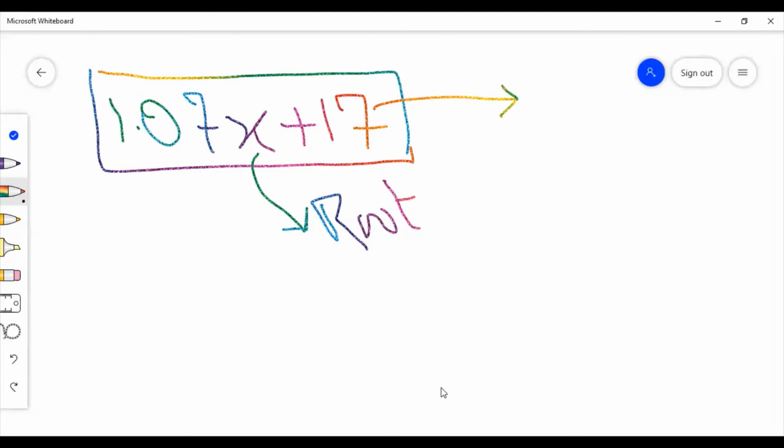If you are purchasing root beer of this quantity, then this is the expression.